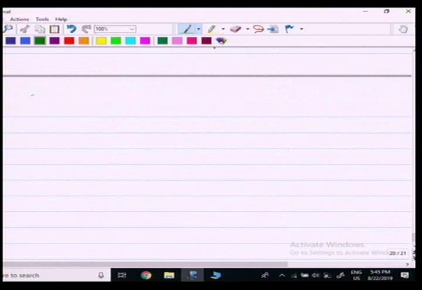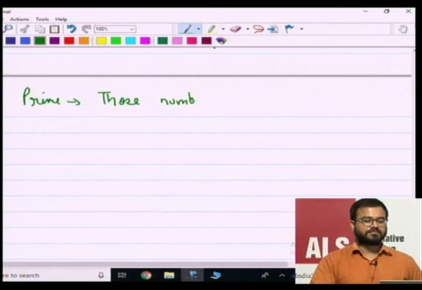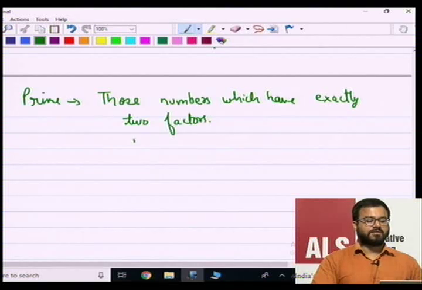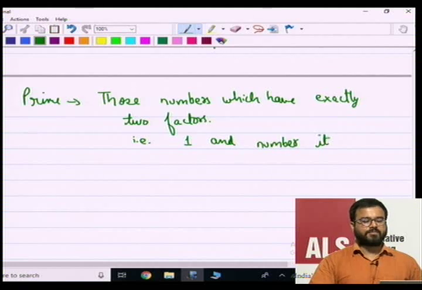So write this thing about primes. Let me tell you the definition. Prime numbers are those numbers which have exactly two factors, that is 1 and the number itself.